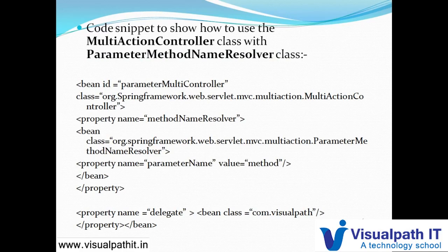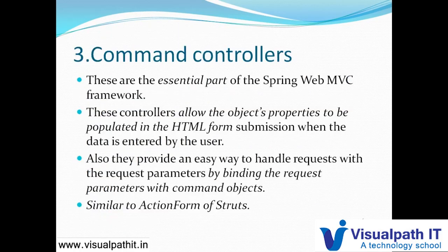Next is the command controller. This is the third controller. We were discussing the command controllers part, so this is the third part. It is an essential part of the Spring MVC framework. These controllers allow the particular object's properties to be populated in the HTML form submission.